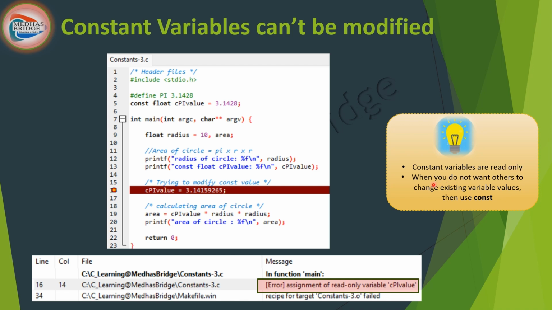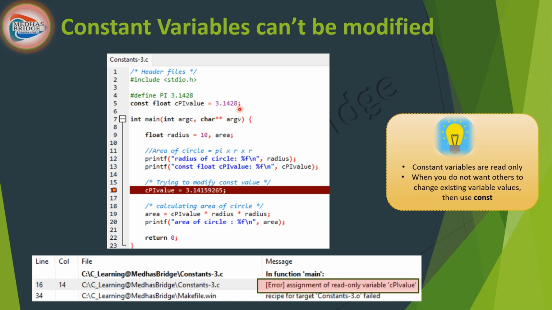When you do not want others to change the existing variable value, it is highly recommended that you use const as a keyword for that variable name. And hence in line number 5, we said const float variable name equal to the value it got initialized with during the declaration. That's a requirement.